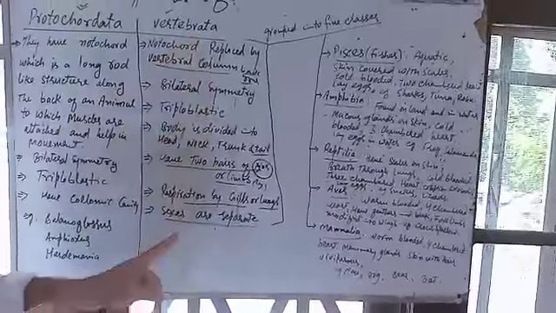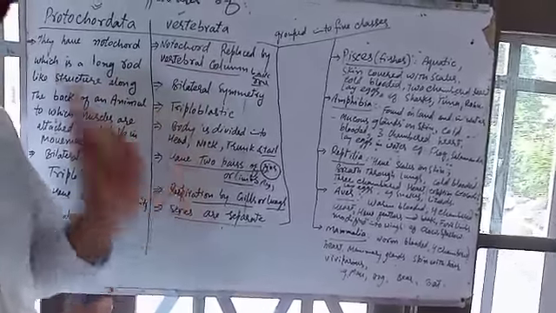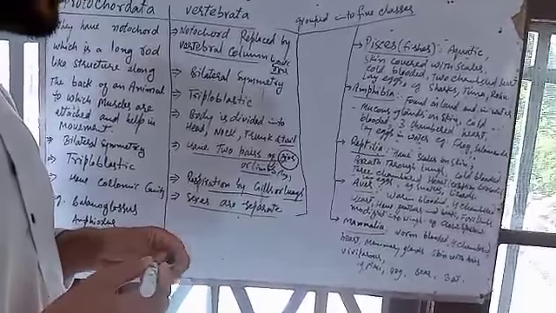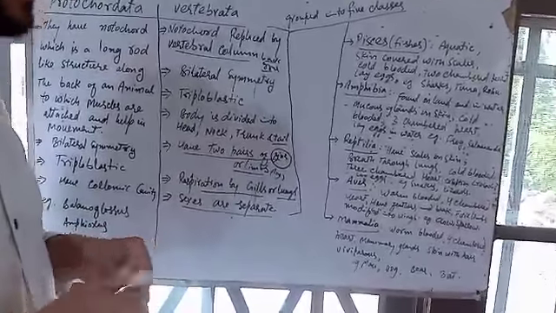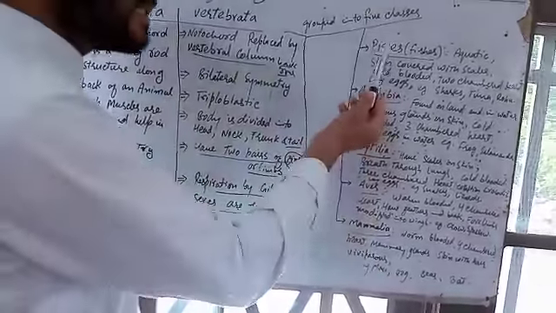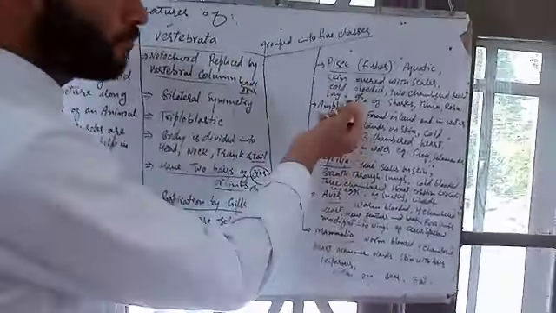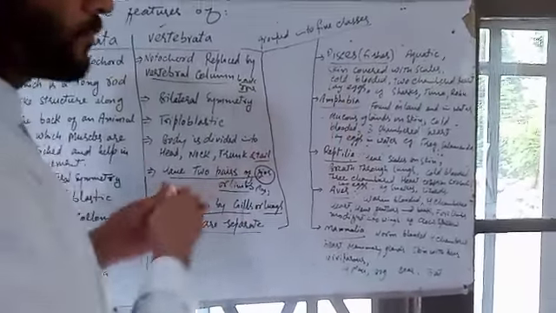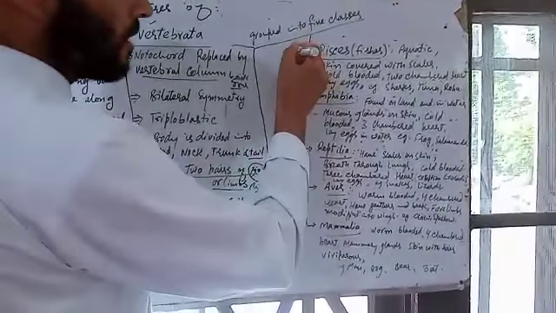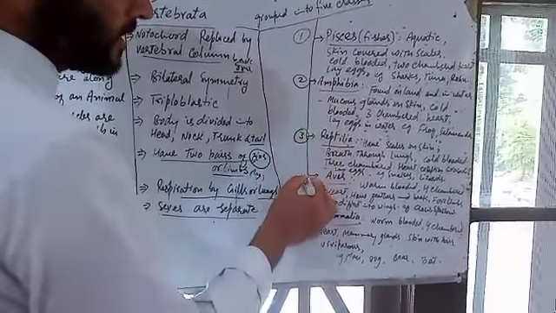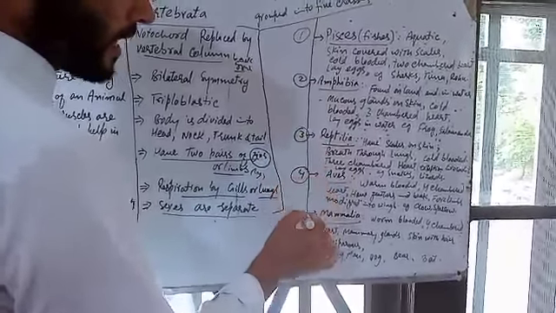And this Vertebrata is classified, or grouped, into five classes. Number one is Pisces, meaning fish. The five classes are Pisces, which are fishes, amphibians, reptiles, aves or birds, and mammals.